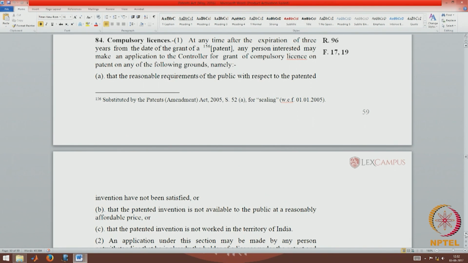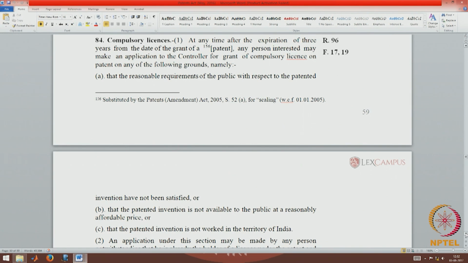And if the drug is patented and it is not manufactured in India, rather the company which has patented the drug only imports few thousands of doses of the drug into the Indian market, then that could be a case where the reasonable requirements of the public with regard to the patented invention have not been satisfied, because a few thousand copies of the drug cannot address the demand of a larger population which may require the drug in greater number. So, reasonable requirement of a public can be understood.